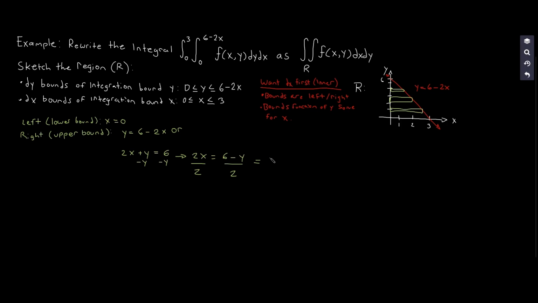That's going to be x equals (6 minus y) over 2. And that's also the same thing as x equals 6 over 2 minus 1/2 y, which is the same thing as 3 minus 1/2 y, I think.